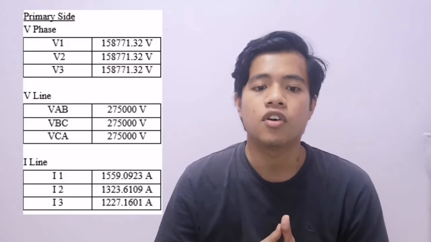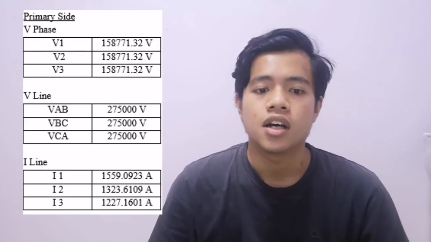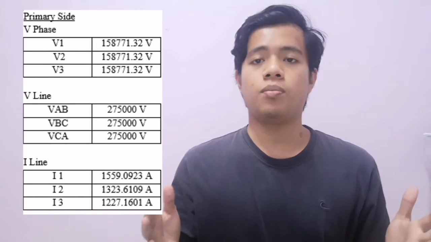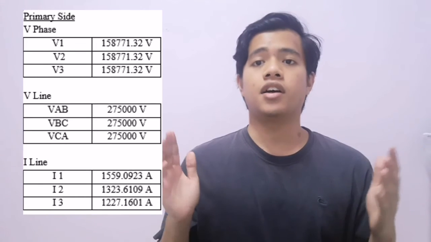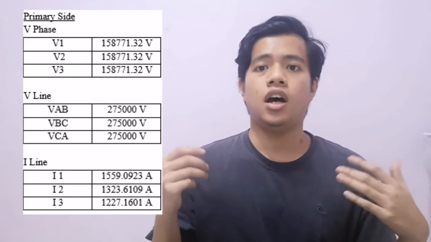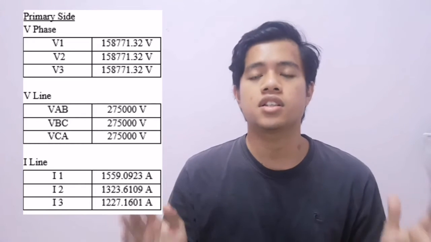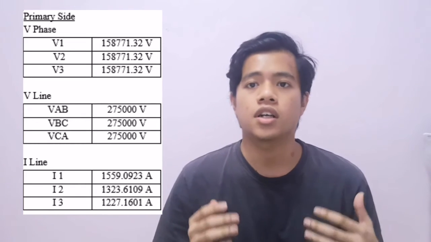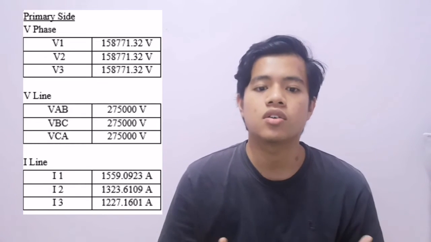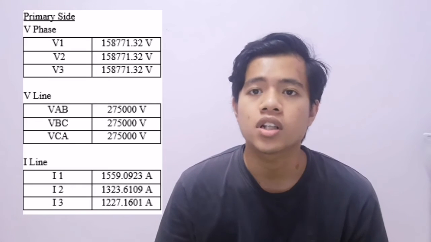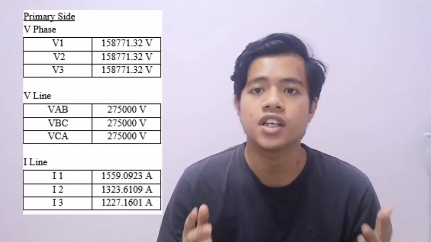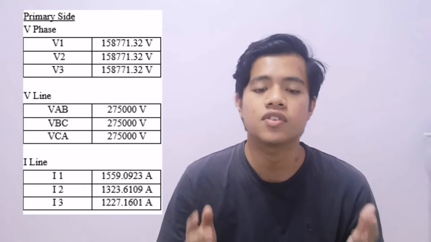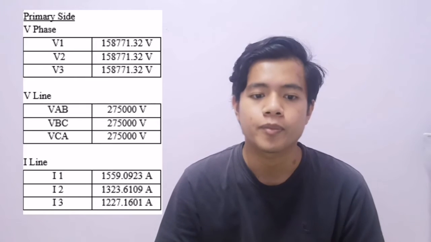For V phase, for the primary side, I label with V1, V2, V3. These three come up with the same result, which is 158,771.32 volt.